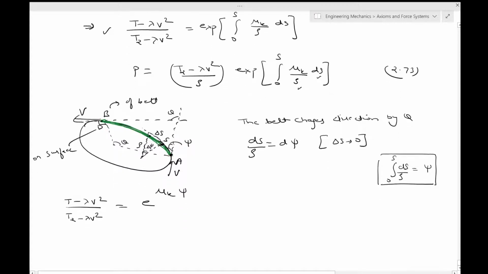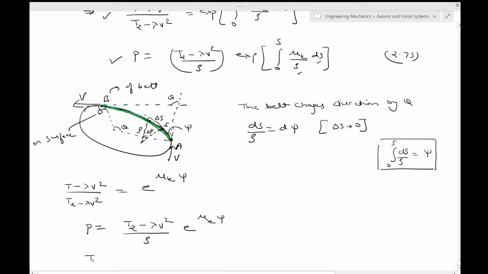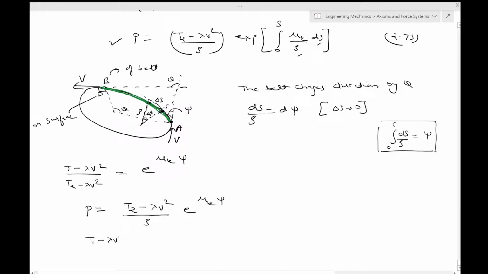Now the next case, where T is equal to T1, this equation would be written as T1 minus lambda v square by T2 minus lambda v square equal to e to the power of mu k theta.